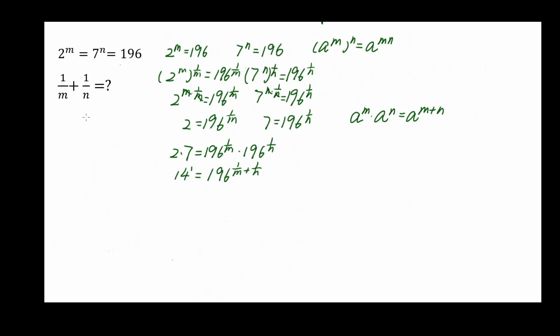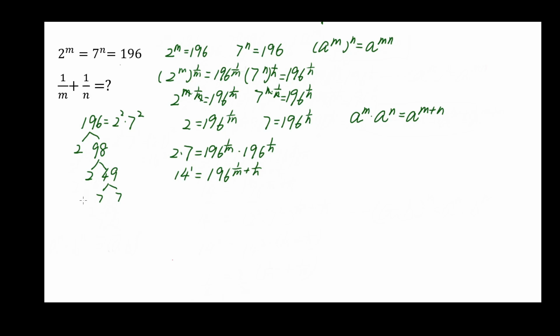Yes. 196 divided by 2 is 98. Still divided by 2, this is 49, and 7. So this is 2 to the power 2 times 7 to the power 2.